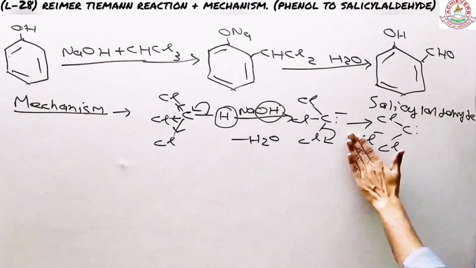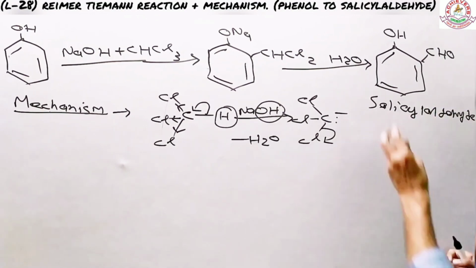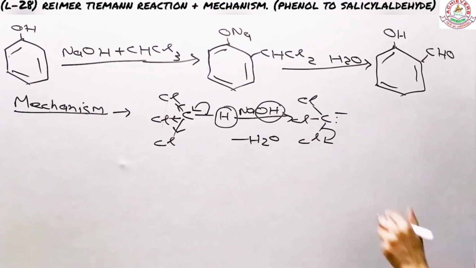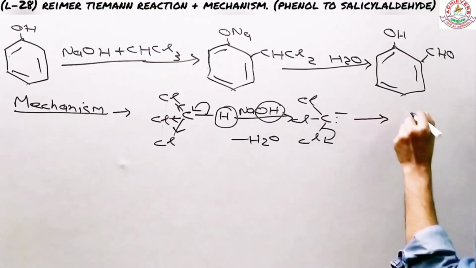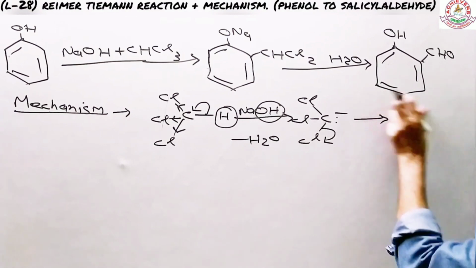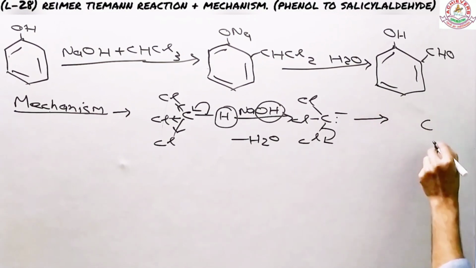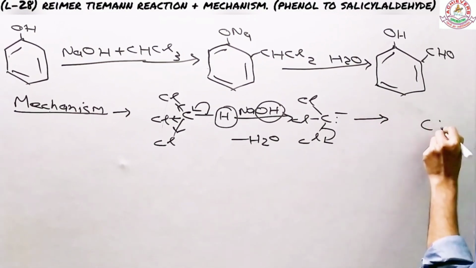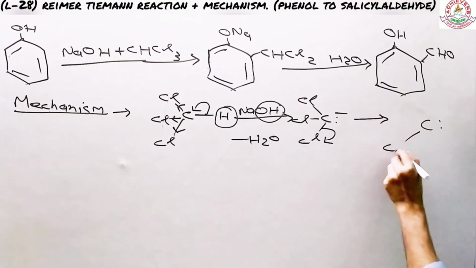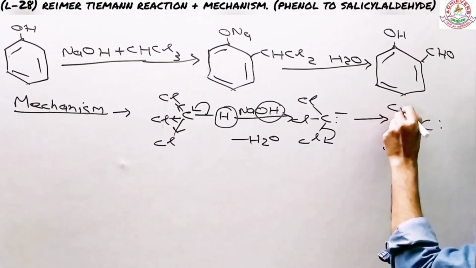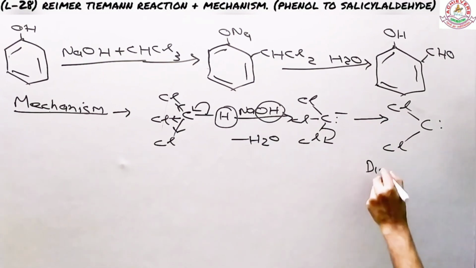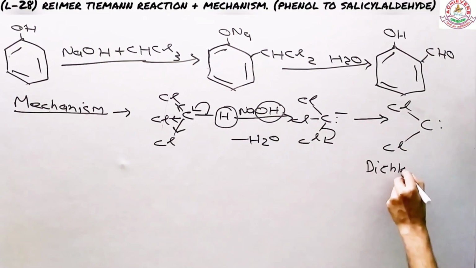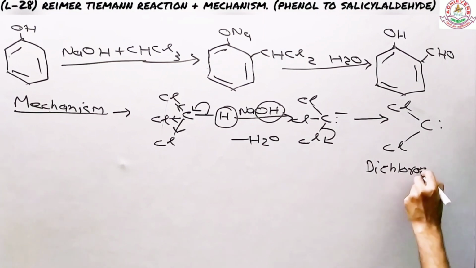In case you do not, let me give you some space as well. This is what happens: you get a carbon here, and you have a lone pair. Now only two chlorines are attached to the carbon and there is no negative charge, and this molecule is called dichlorocarbene.